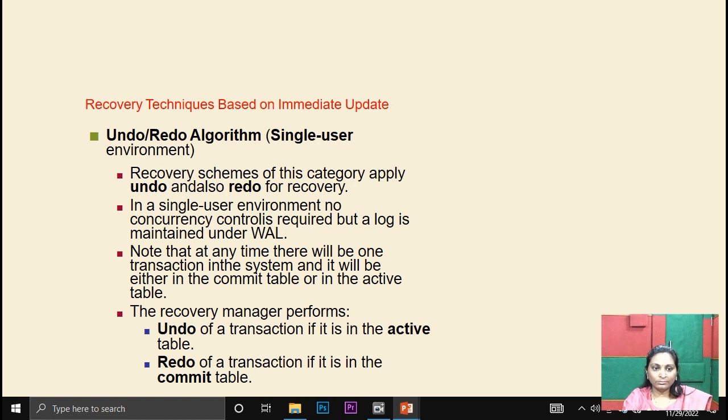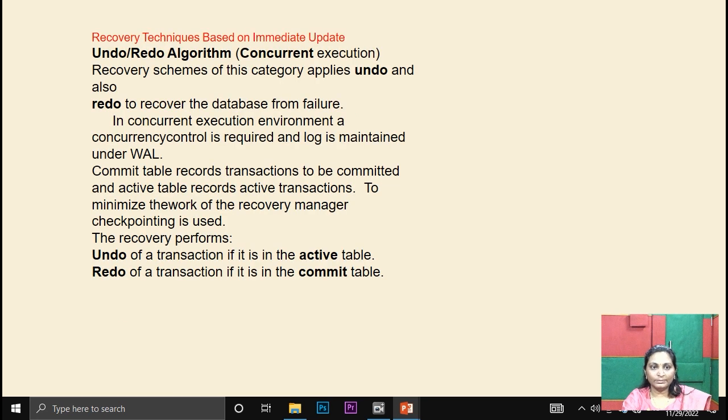Undo/redo algorithm. The recovery manager performs undo of a transaction if it is in the active table and redo of the transaction if it is in the commit table. And the undo/redo algorithm for concurrent execution: in this, undo of a transaction if it is in the active table and redo of a transaction if it is in the commit table.